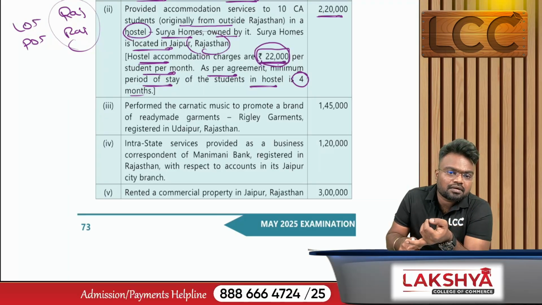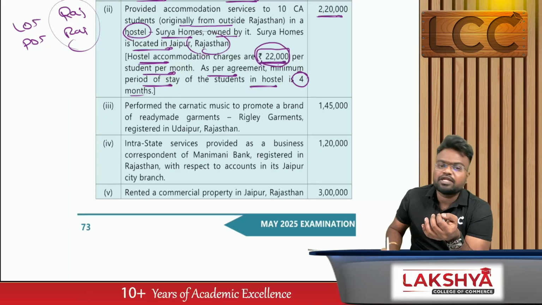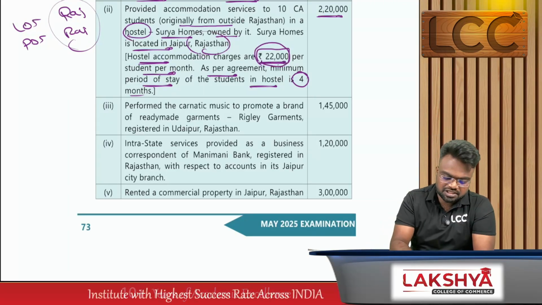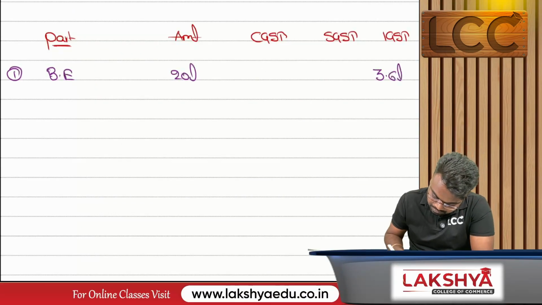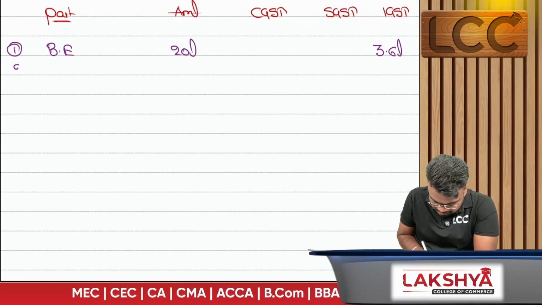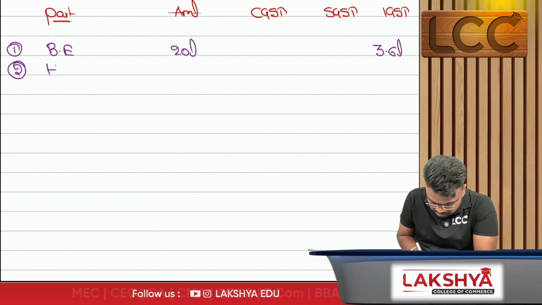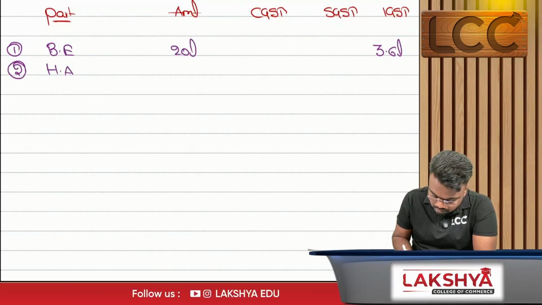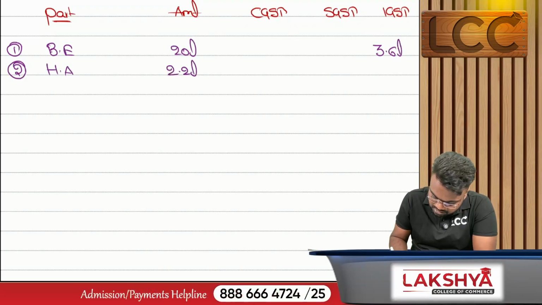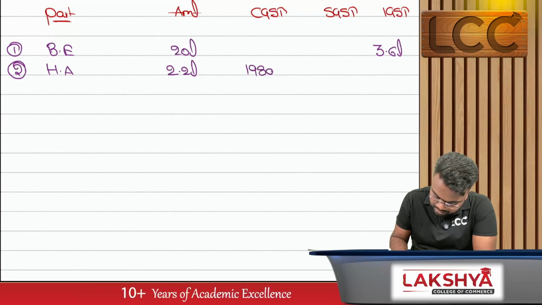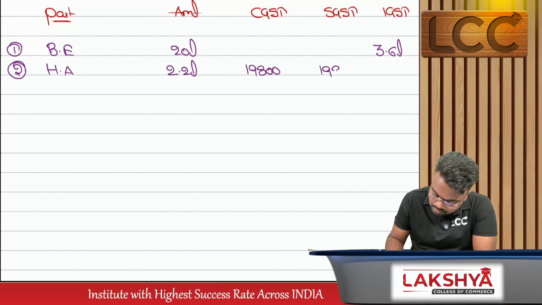Inter or intra, both are in the same state, so we need to charge CGST and SGST. So 2,20,000 into 9%. Second one, hostel accommodation, 2.2 lakhs, 19,800, 19,800.